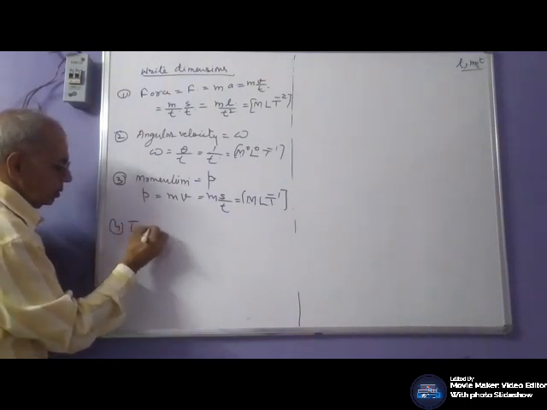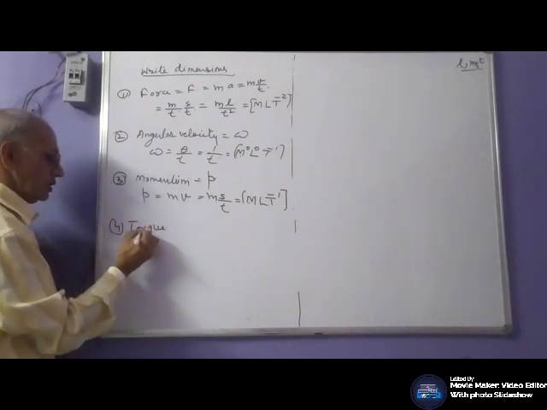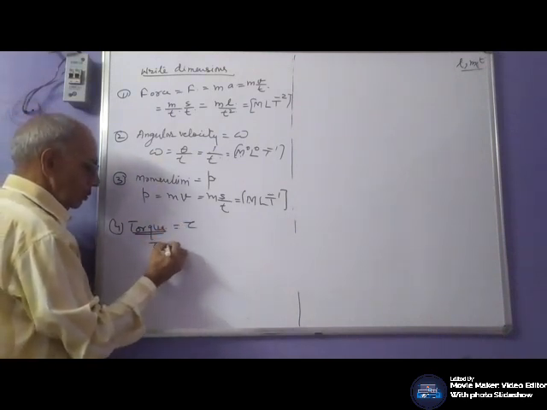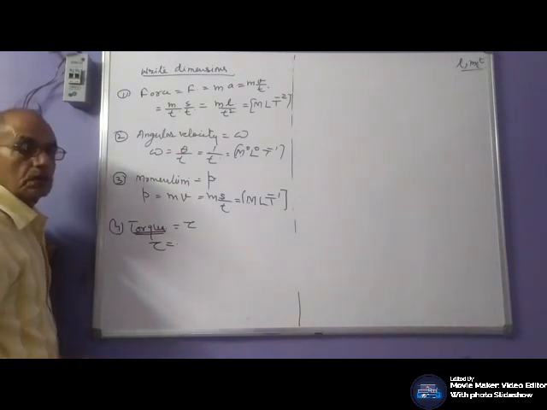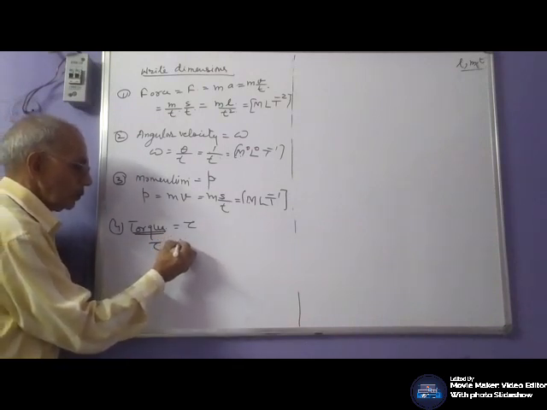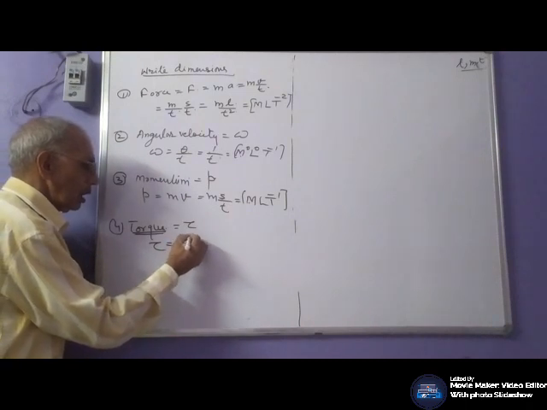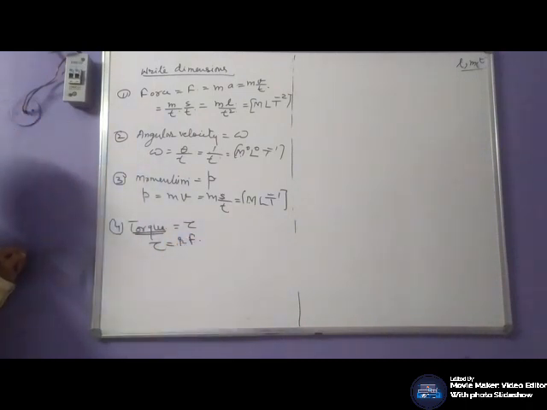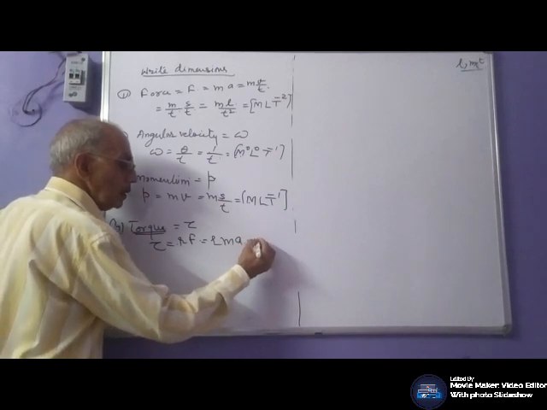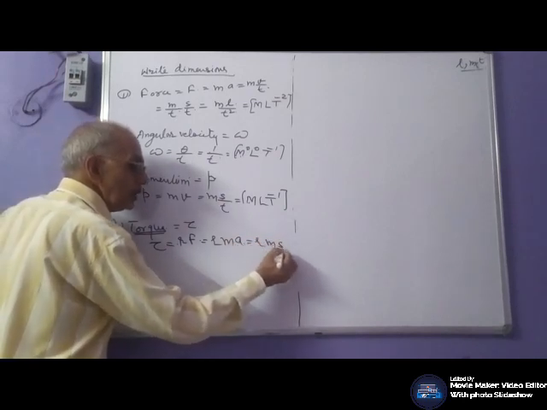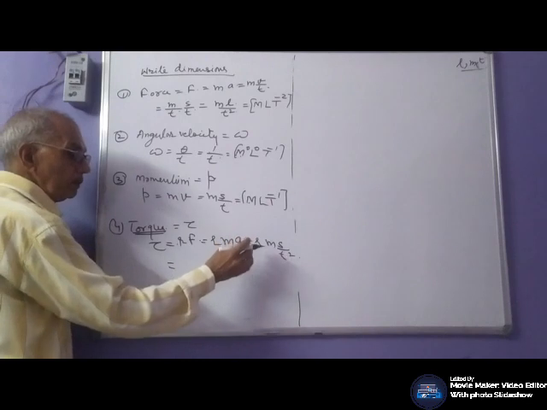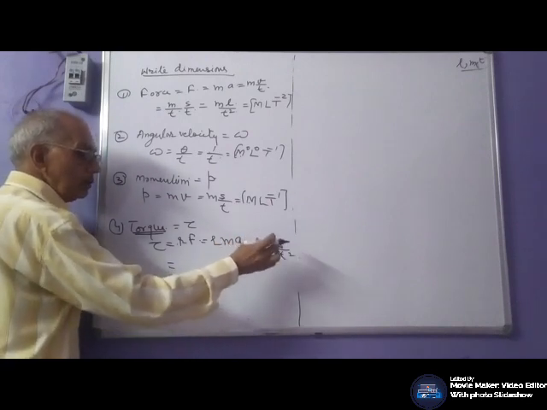Torque. Who was this? This was like force in rotational motion. Torque, tau, is R times F, moment of force. R, F is ma, R m a, v by t, s by t square. So torque is now completely defined, L m t square.